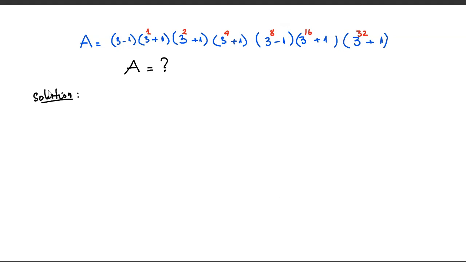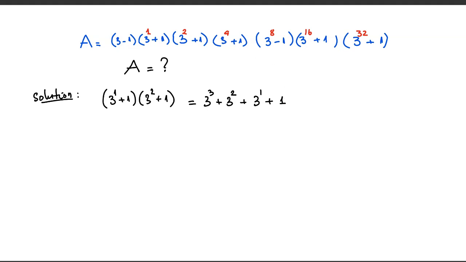Okay, so let's work. Before we do, let's just observe. We see that (3^1 + 1) times (3^2 + 1): 3^1 times 3^2 we get 3 cubed, and then 3^2 times 1, we get 3 squared, 3^1 times 1, we get 3^1, and 1 times 1 is 1.